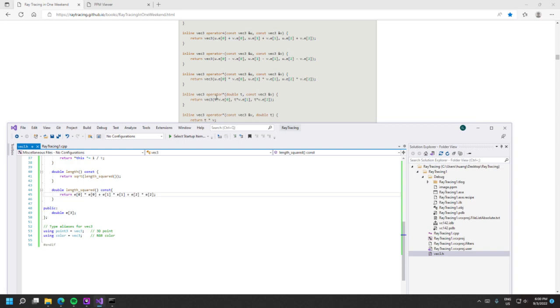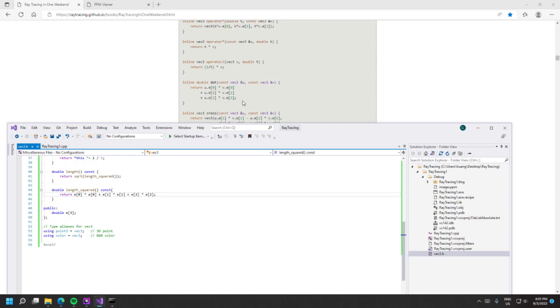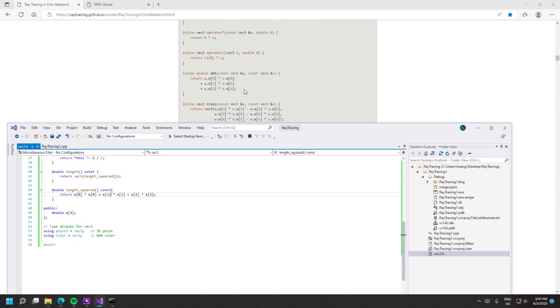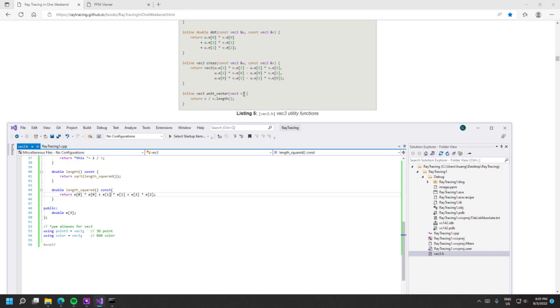And this is a scalar multiplication. Yeah, scalar multiplication. Like kind of an inverse of scalar multiplication, dot product, cross product, and unit vector. Okay, so far this is all linear algebra, I think.